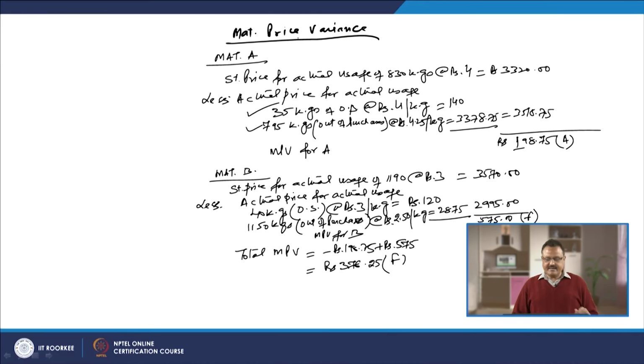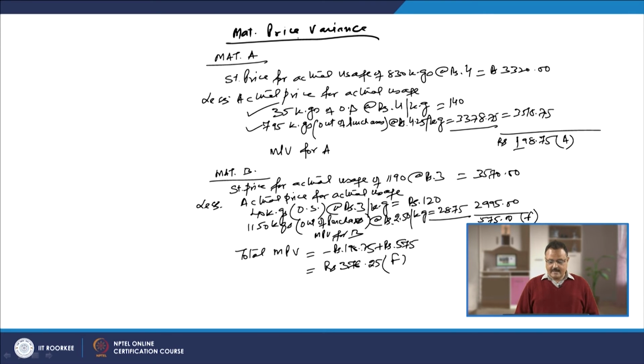But actually when we go for the total usage, if you go to the previous sheet, you will find that if you total it up, how much will it become? 795 plus 35, where 35 was the opening stock and 795 was the material used from the purchases. So this works out as 830. In the other case, the material used works out as 1150 from the purchases and 40 as opening stock.